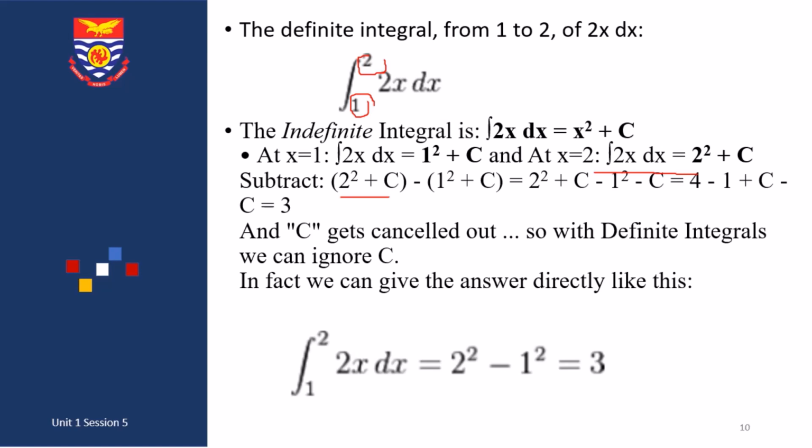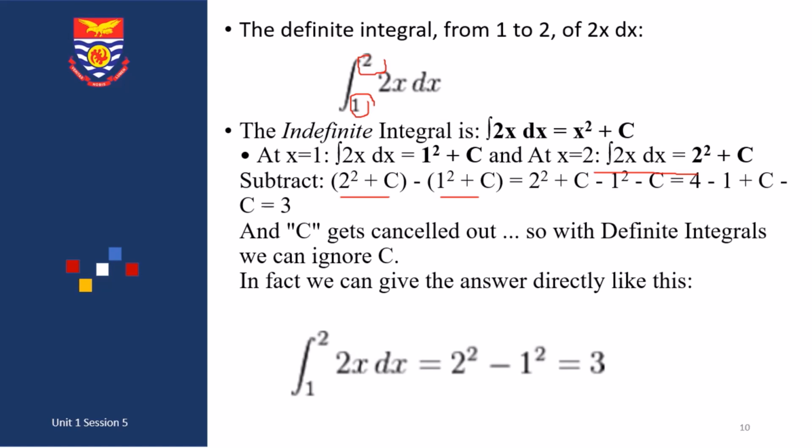So we are going to have 2 squared plus c minus 1 squared plus c. Then we are going to have 2 squared plus c minus 1 squared minus c, which is equal to 4 minus 1 plus c minus c, which is equal to 3. And c gets cancelled out.